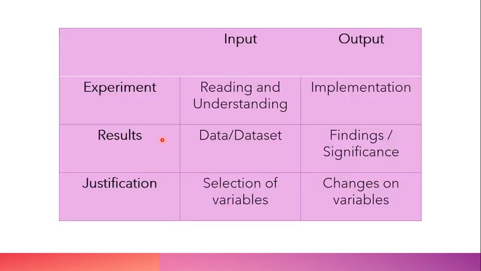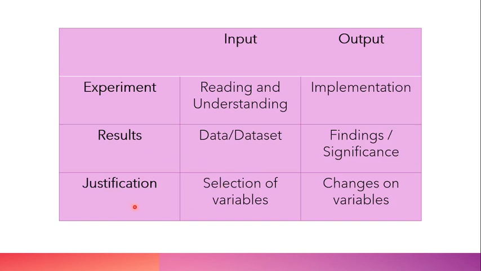So always we should remember this table, because while writing the proposed method section, we have to remember this table. The experiment is related to reading and understanding. Implementation will be the output. And from the results point of view, data set is the input, and output will be findings or significance.